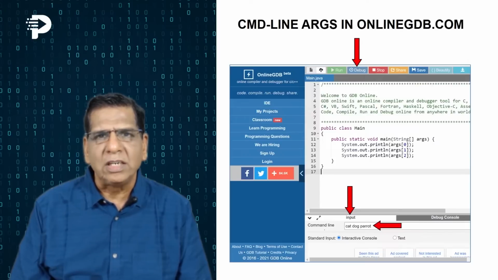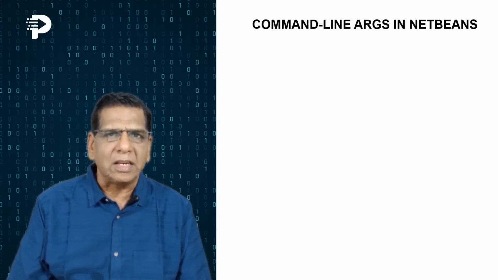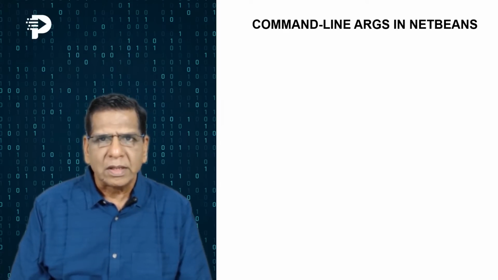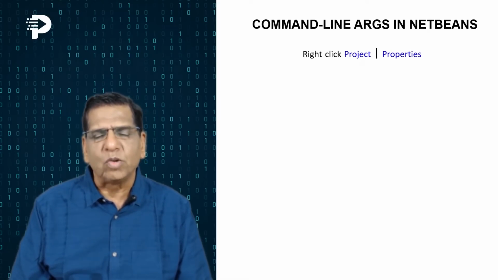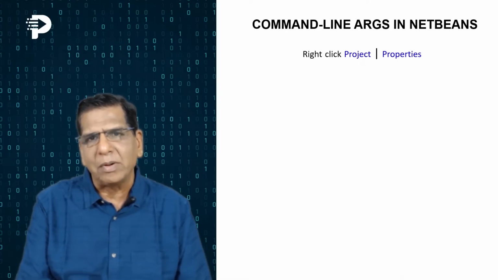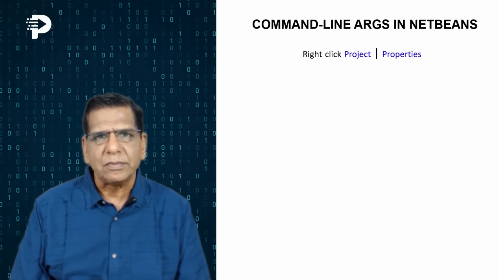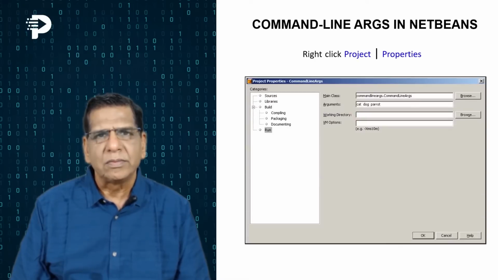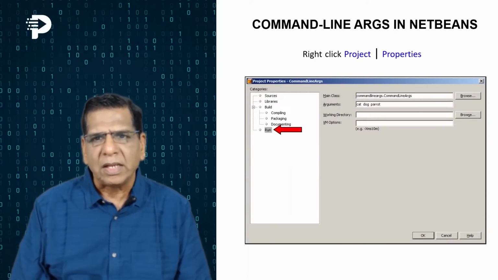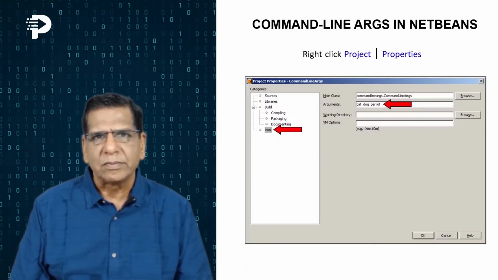Instead of online GDB, if you are making use of maybe an IDE like NetBeans, then you are required to first right click on the project name that you get in the left tab, and from the menu that pops up, select properties. Once you select properties, you will see such a dialog. From here, select run option and then give the arguments as cat, dog and parrot.